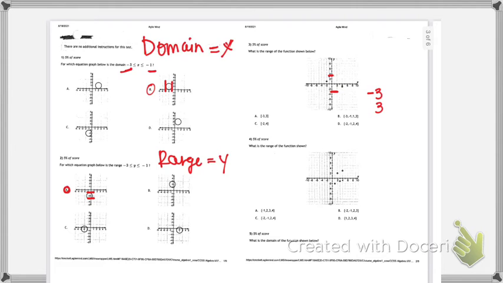But we also have a point here, which would be a 1, and a point here, which would be a positive 1 and a negative 1. So since we have 4 different points, we will have 4 different range values, which would make my answer be B.